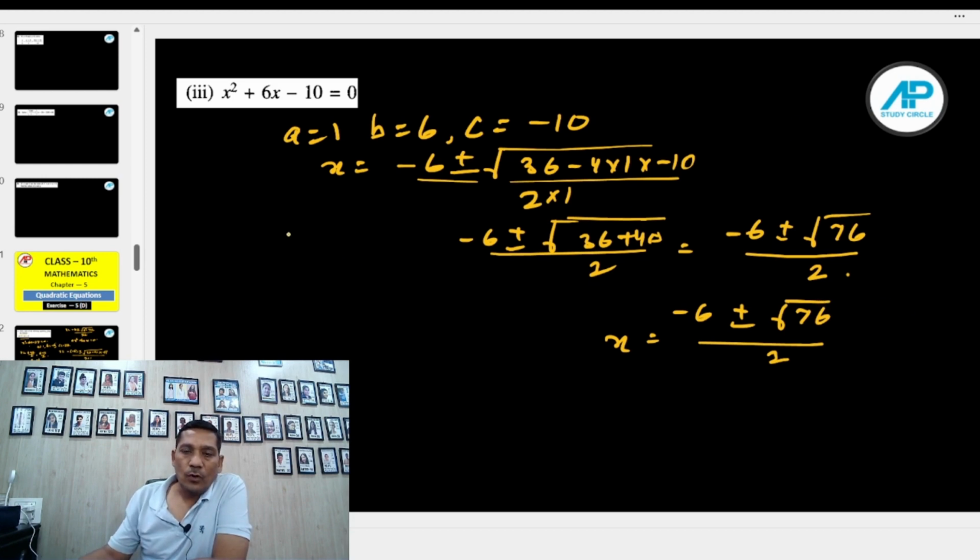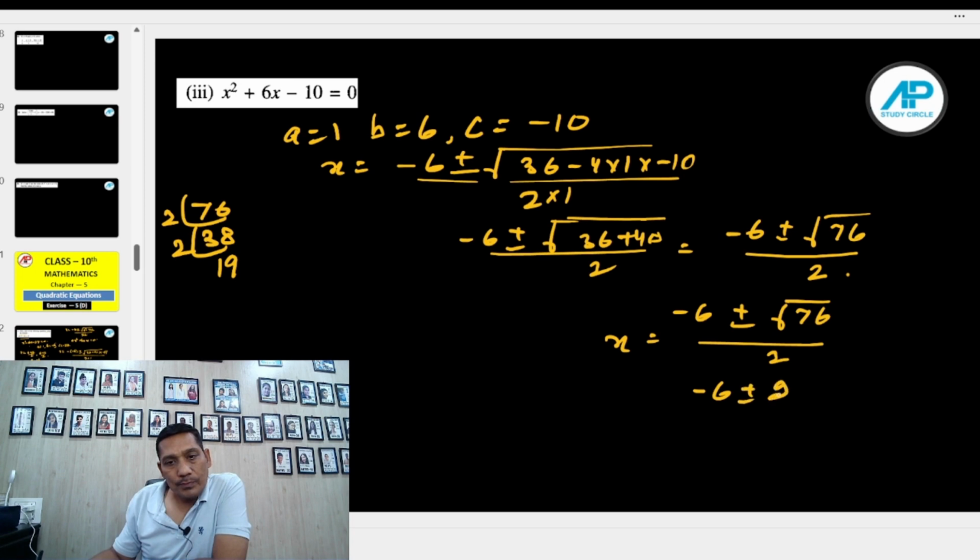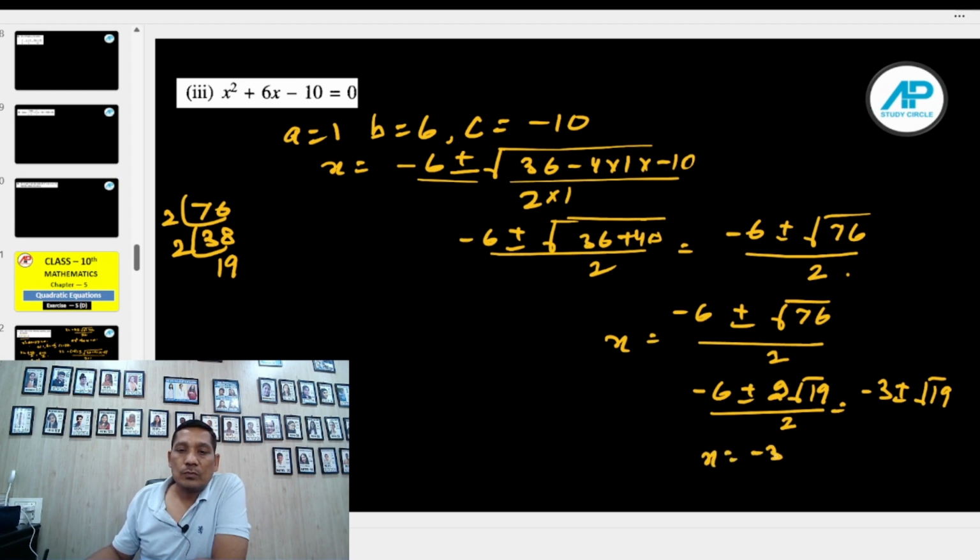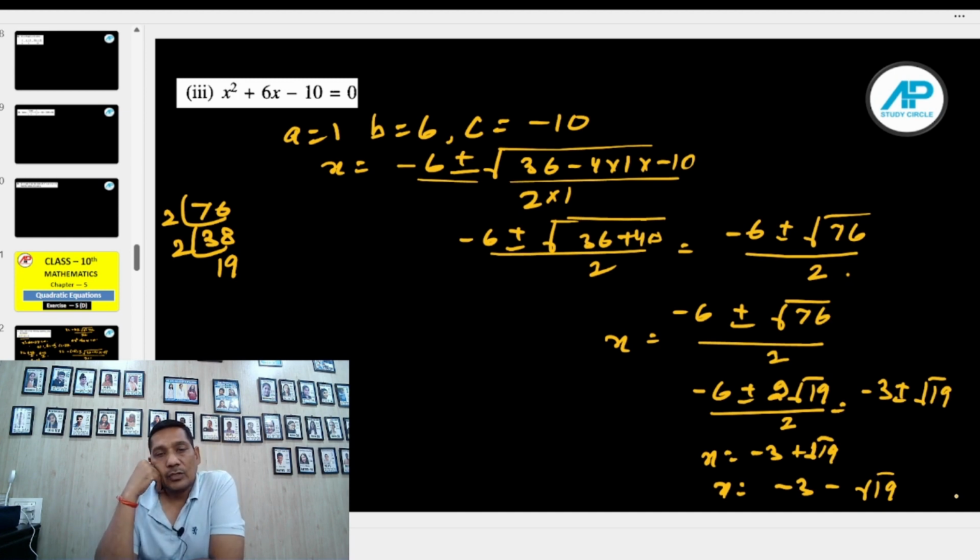Then what is 76 actually? Let me see. So it is, take up 2 common, minus 3 plus minus root 19. x equals to minus 3 plus root 19 and x equals to minus 3 minus root 19. You got two values and two answers.